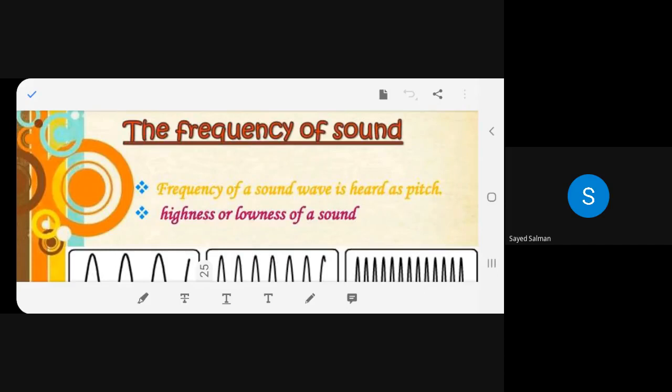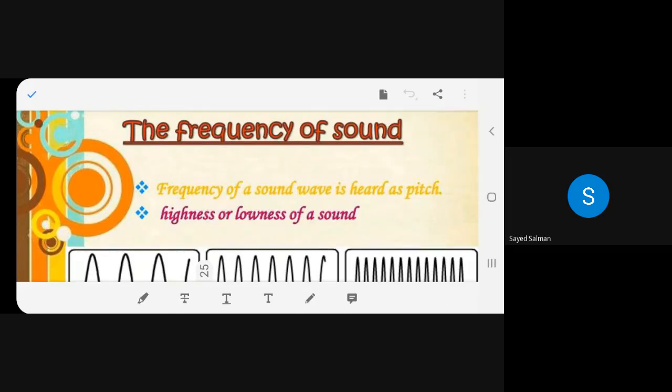Like if there's a screeching of a chair or a table, you close your ears, isn't it? That means it is high pitch. It's unbearable to hear. It hurts your ears, isn't it? That is high pitch. Got it? So this is how we talk about frequency.